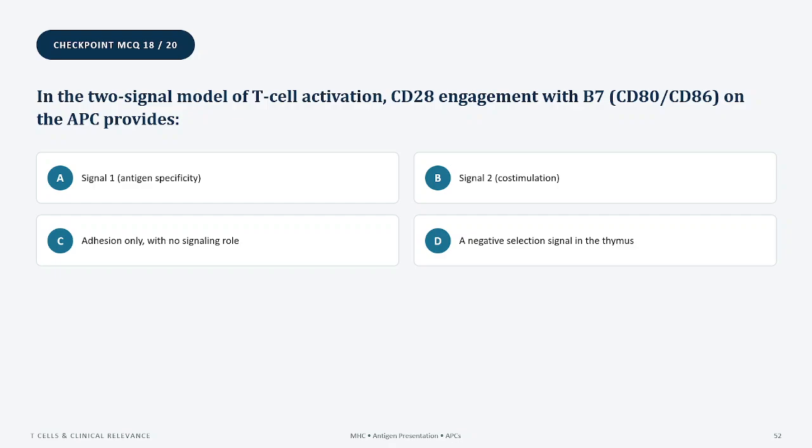In the two signal model of T cell activation, CD28 engagement with B7 on the APC provides.